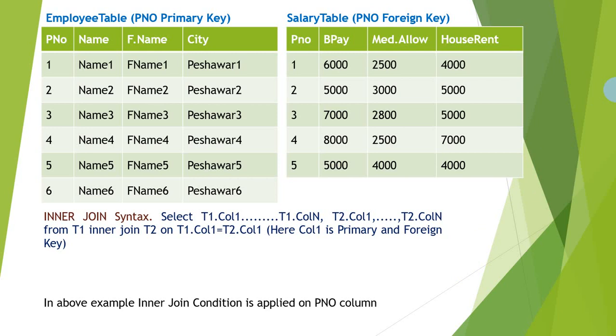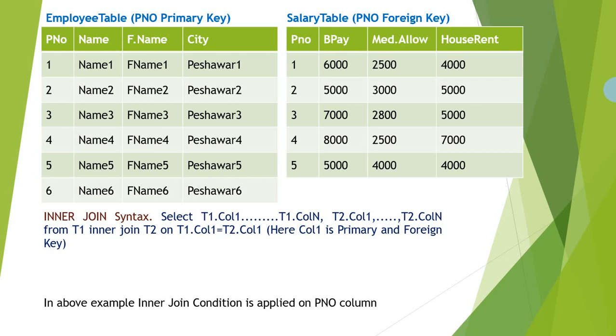After that we use the keyword FROM table 1, where t1 is basically table 1. We retrieve these columns from table 1, t1. INNER JOIN is the syntax, and inner join is the keyword. t2 is another table.